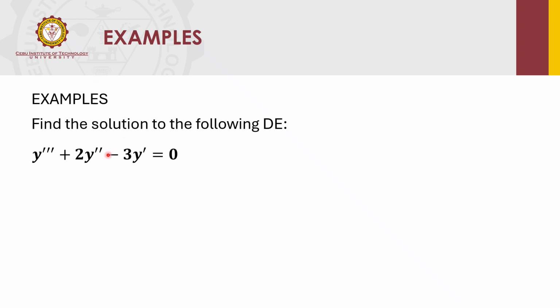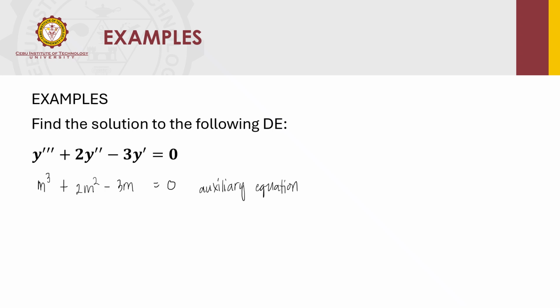We just replace the derivatives with m, so m cubed plus 2m squared minus 3m is equal to 0. Again, this is the auxiliary equation.